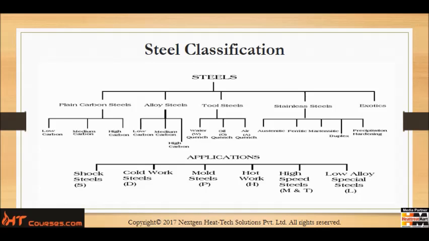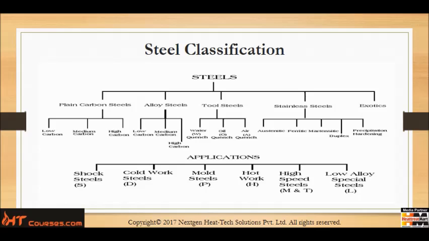Steels we have on the left-hand side of the tree, on the topmost illustration, plain carbon steels. The definition of plain carbon steels is those steels without any significant alloying materials other than manganese, sulfur, phosphorus, and that type of element.